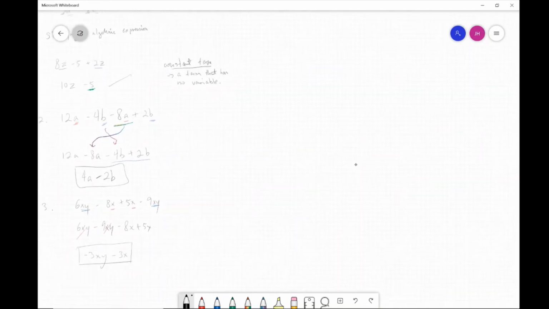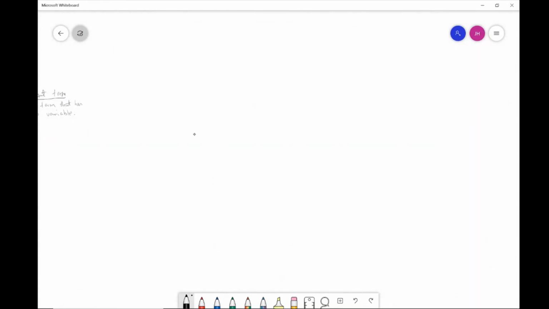Okay, now before we jump into a little bit harder extent of simplifying expressions, there's something I've talked to you guys about, which is the distributive property. What is that? Remember what we learned about the order of operations, which is the acronym PEMDAS, there's something that is involved, which is parentheses.